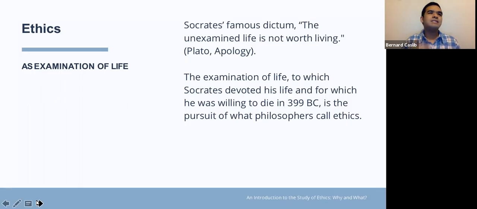And this examination of life, as of course you now understand, is what ethics is all about, or at least during Socrates' time, was all about. There was no formal field of study before, just like what we have now.